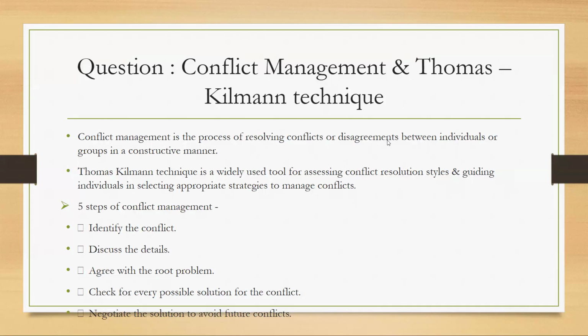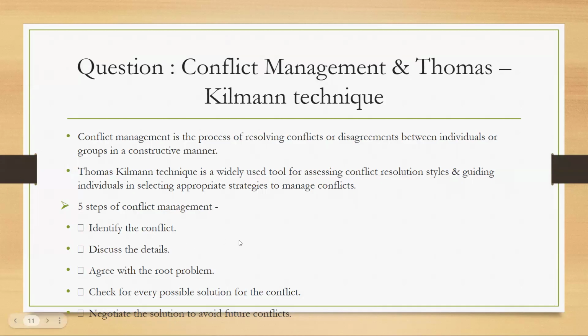Next, negotiate the solution to avoid any further conflicts. As you have gone through one conflict, you might have learned something from it: what needs to be done when you get a conflict and how to rectify it. You take those inputs so that further conflicts cannot happen. To prevent further conflicts, you can use the input from previous conflicts.